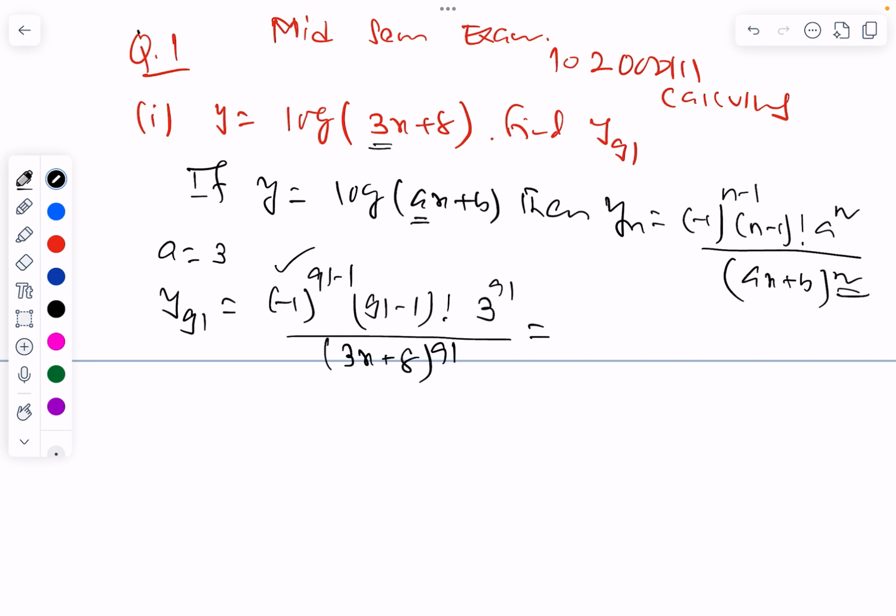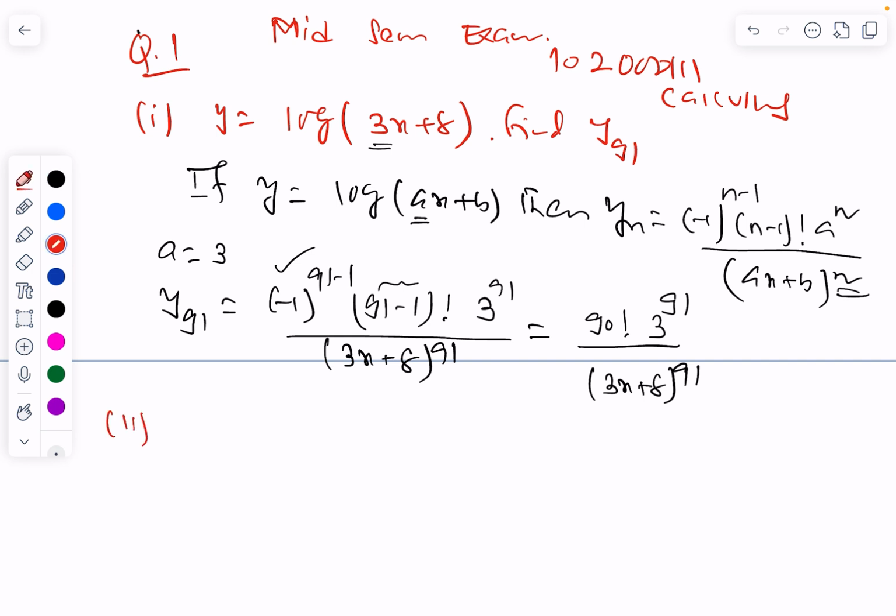Now this is minus 1 power 90, and minus 1 power 90 is 1. 91 minus 1 is 90 factorial. So the answer is 90 factorial times 3 power 91 over 3x plus 8 power 91.